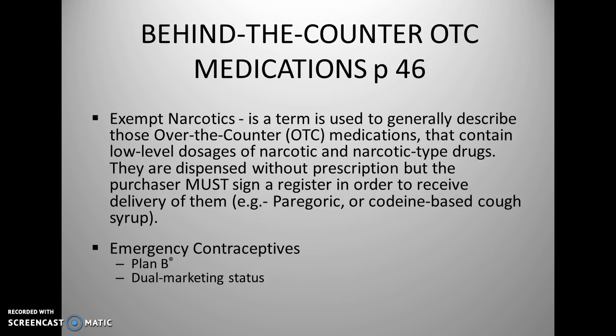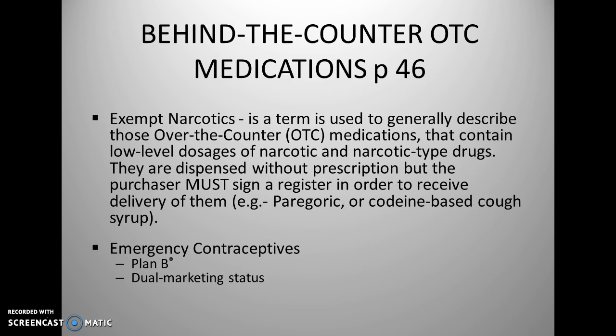Again, exempt narcotics is a term generally used for those over-the-counter medications that contain low-level doses of narcotics or narcotic-type drugs. They must be dispensed without a prescription, but the purchaser must sign a register in order to receive them.